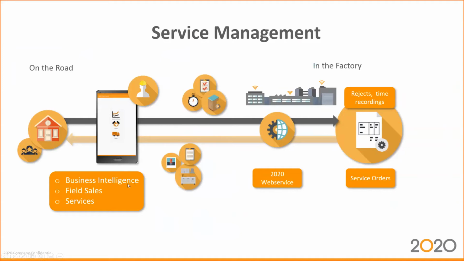This is predominantly information for managerial staff to get an overview of key performance indicators. Then we have applications for field sales to give them all the latest information about your clients. And then we have also a service module that is designed to help people to succeed with their installation, right?